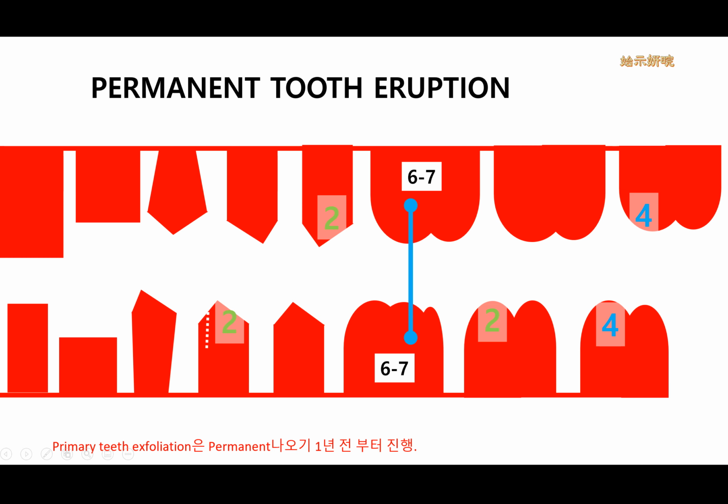And followed by that, we know that mandibular teeth are small and swift, very rapid. Since they are small, they can erupt faster. So our mandibular central incisors erupt right after the first molars.